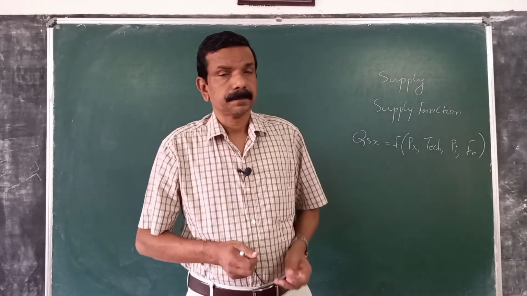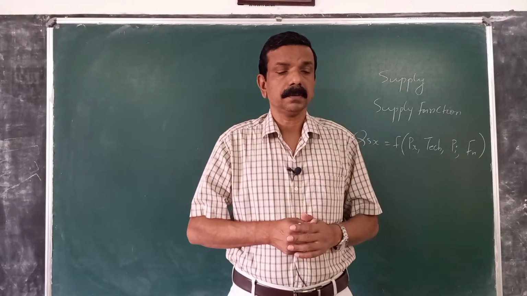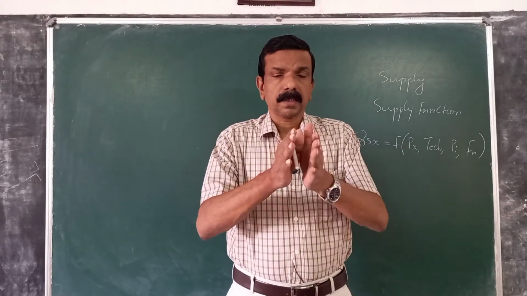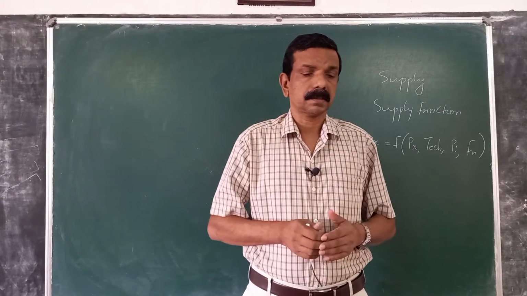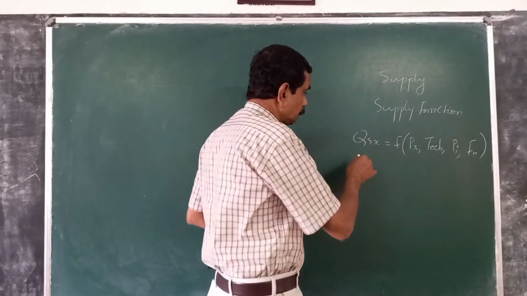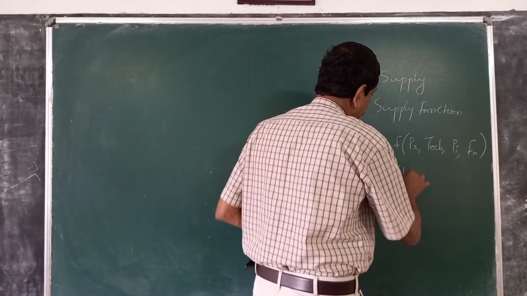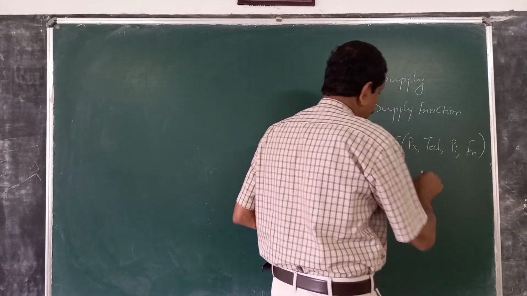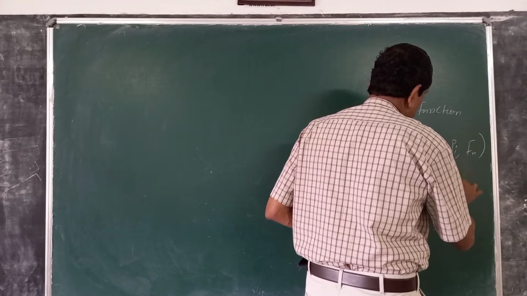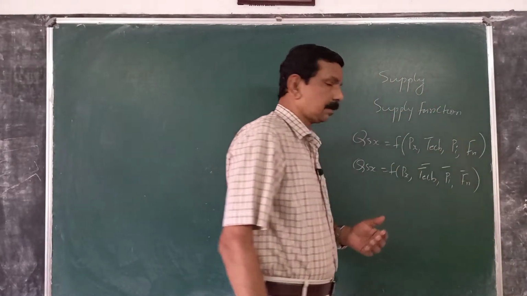Now, to obtain a single producer's supply schedule and supply curve, we keep all the factors affecting cost of production constant. That is, QSX is a function of PX, with factors affecting cost, technology, prices of inputs, and climatic conditions kept constant.